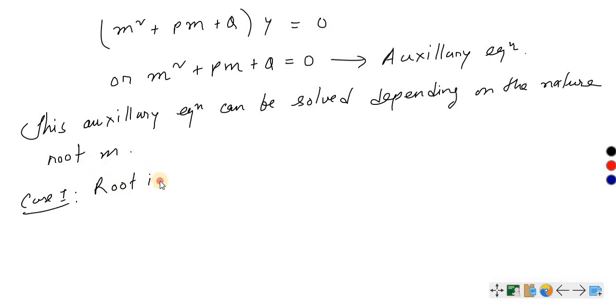Root is real and unequal. Suppose this is the nature of the root. Since it is a second order differential equation, we know that there will be 2 roots, m1 and m2.